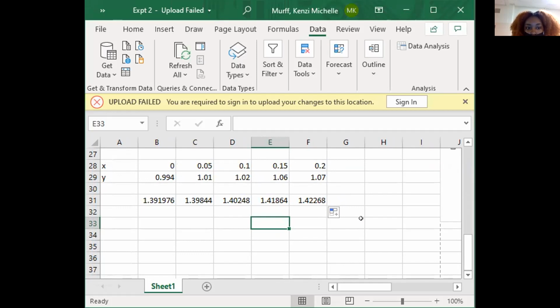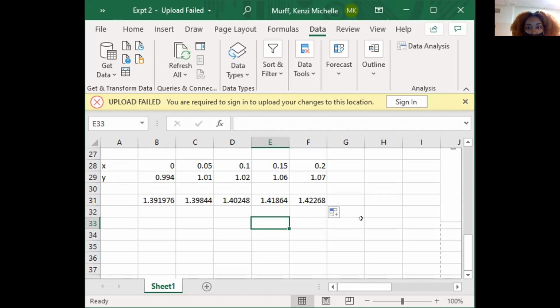How many attempts do you have left? 1. Yeah, it said I only had 2. So I don't know if that was different for other people. Wait, no, this is for the expected.